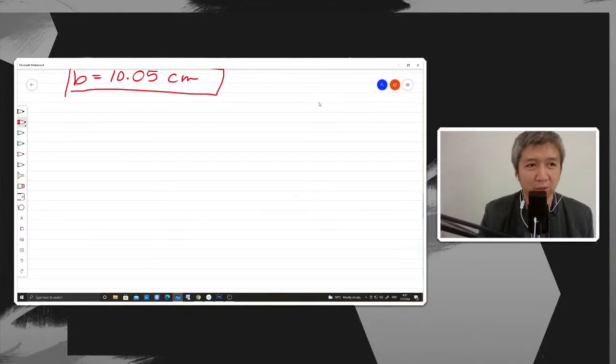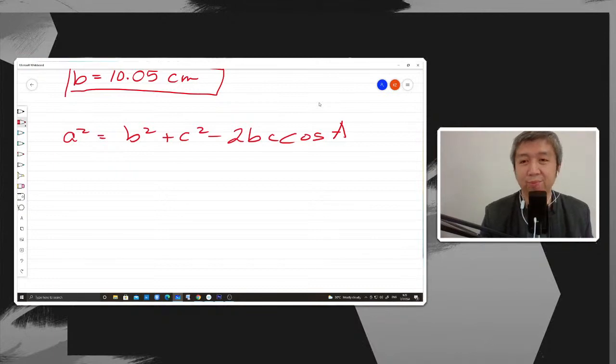I will teach you how to derive the formula, so it's easy to remember. b squared plus c squared minus 2bc cosine A. We are about to find angle A. By deriving the formula, move this whole term to the other side, so it becomes positive.